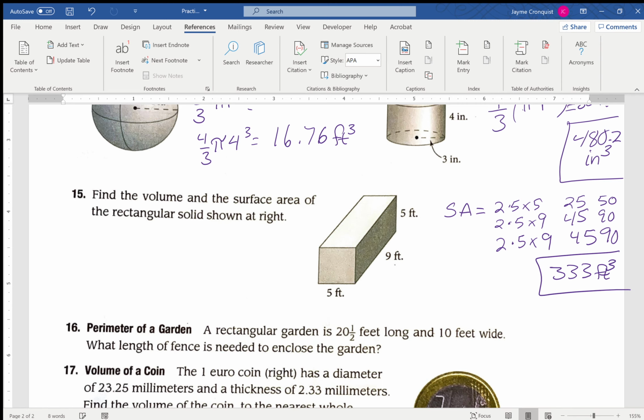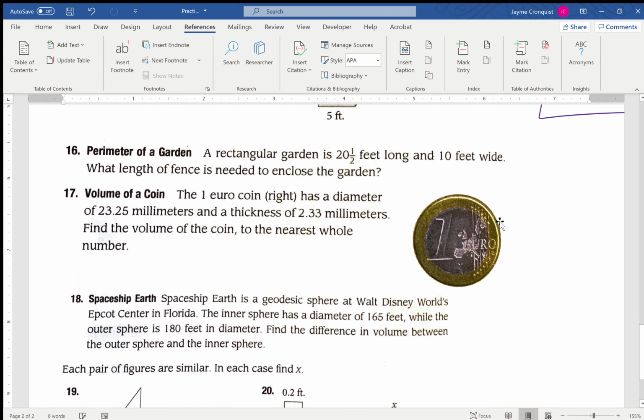Okay. Perimeter of a garden. A rectangular garden is 20.5 feet long and 10 feet wide. What length of fence is needed to enclose the garden? So we have 20.5 times 2 plus 10 times.